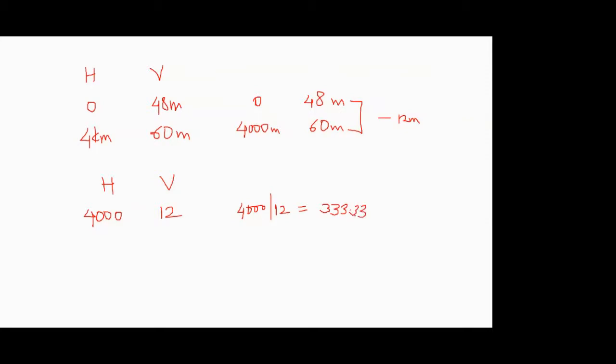So that means your gradient is 1 in almost 330. This is the gradient for the first 4 kilometer of the section we are considering, which is from Karjat to Lonavala.